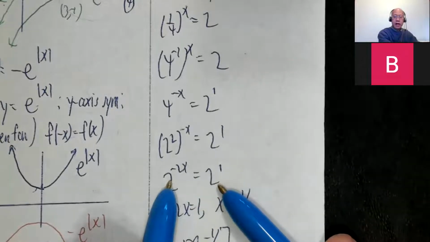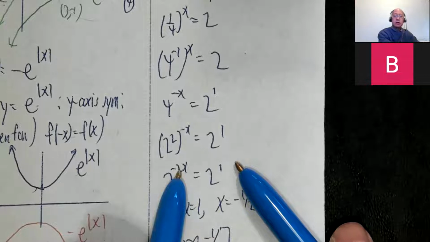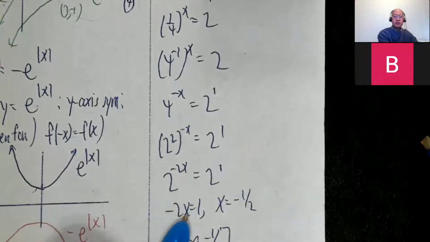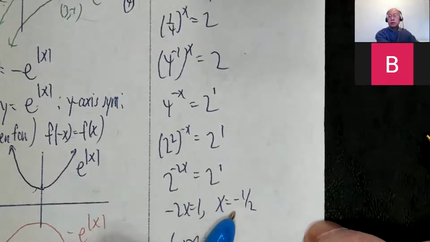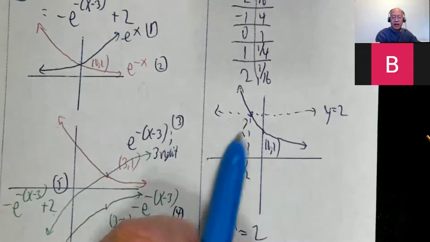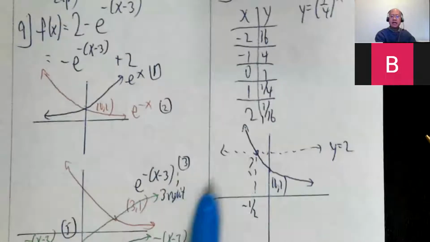All right, so I got these two to match. Therefore, the exponents have to match. -2x equals 1, so x equals -1/2. So in other words, what have I accomplished? I found out that this is -1/2. Or if I were to plug in -1/2 here, 1/4 to the -1/2 is equal to 2.